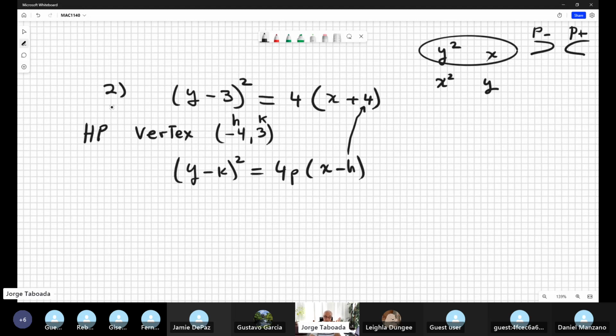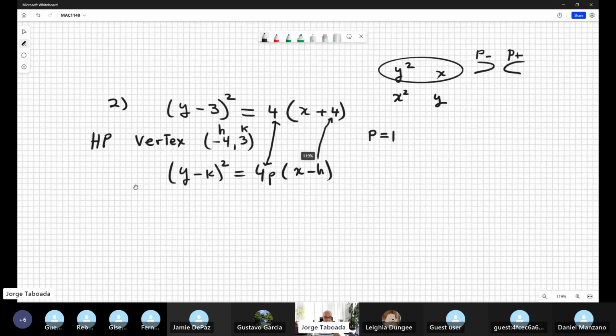Similarly, k is +3 because you have a negative. And p is 1 because 4 is equal to 4p. P is 1.